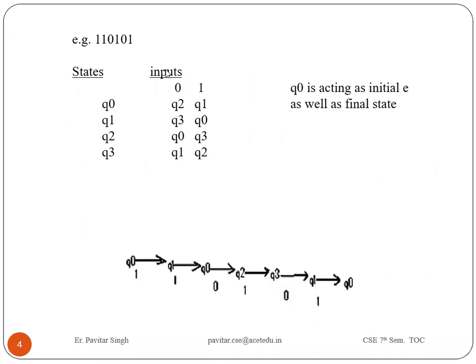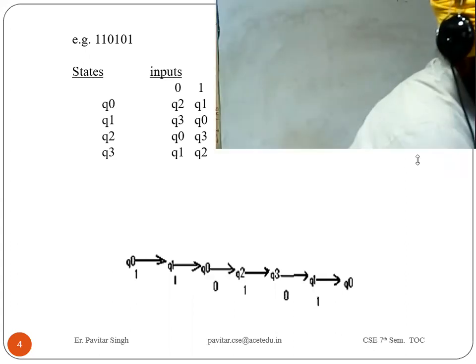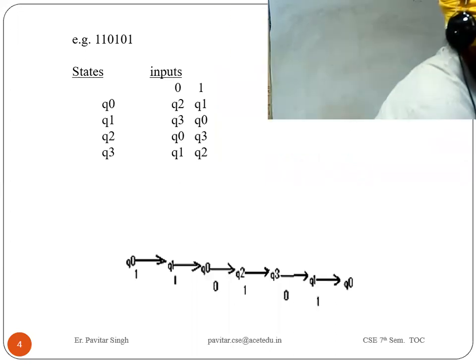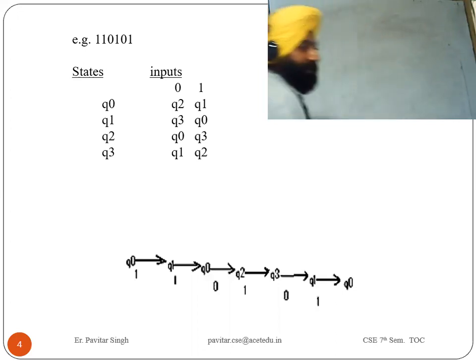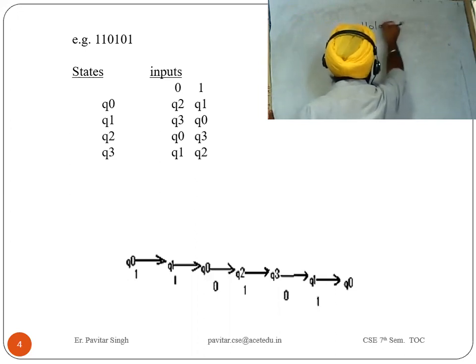So let's move toward the practical aspect, a practical example. Here a table is given to you, right? And the value of the string is W equals 110101.